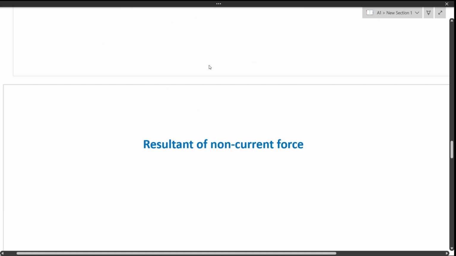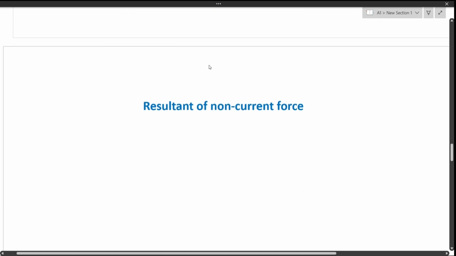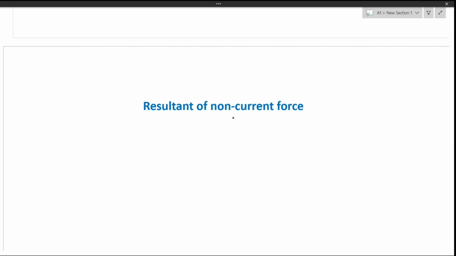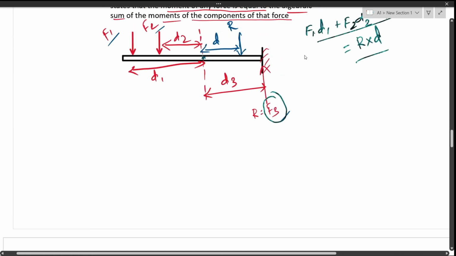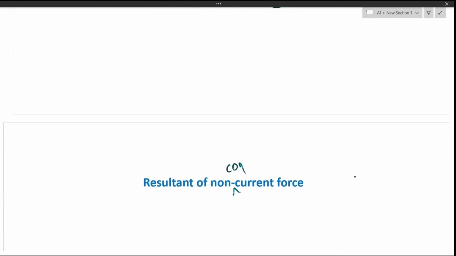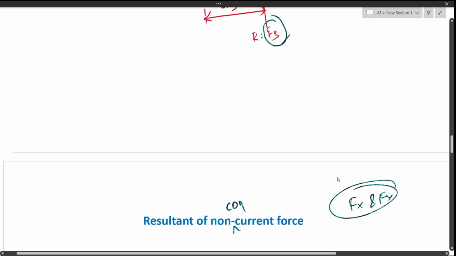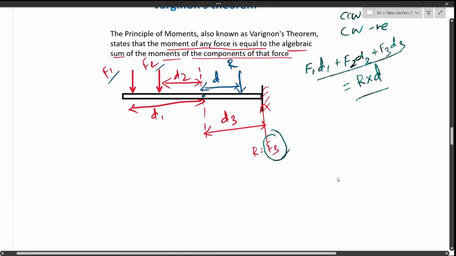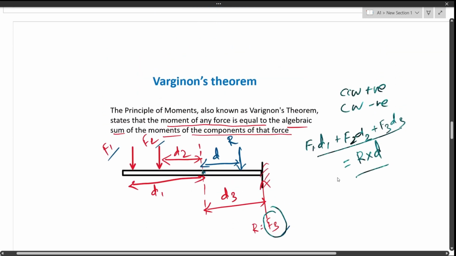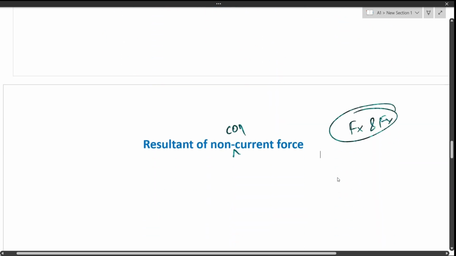While calculating the resultant of concurrent forces, we calculate the force in the x direction and the force in the y direction. But while calculating the resultant of non-concurrent forces, we also consider the moment, because concurrent forces don't create any moment on the object, but non-concurrent forces do.